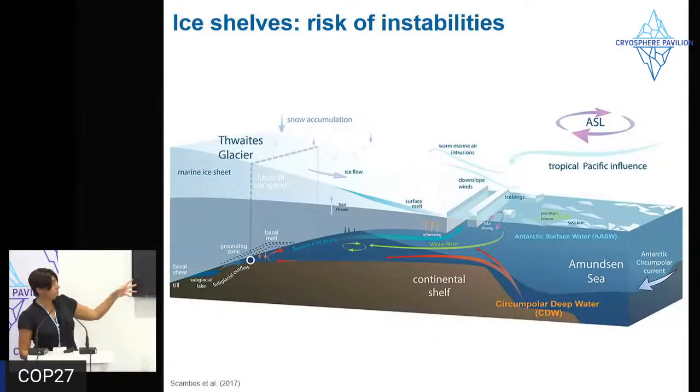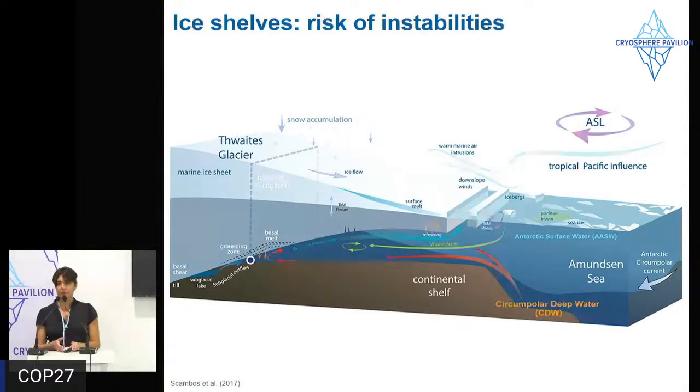So now, one of the ice shelves in West Antarctica is the Thwaites Glacier. The Thwaites Glacier is a very good example of what's occurring in West Antarctica. Most of the oceanic flows penetrate into the cavity and melt the ice shelf from below, and we have been seeing this ice shelf thinning over the 21st century, and we are seeing the first signs of retreat of the grounding line.